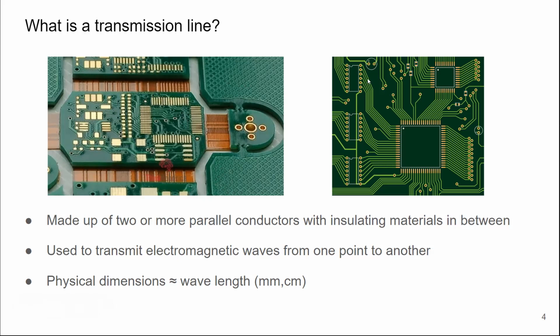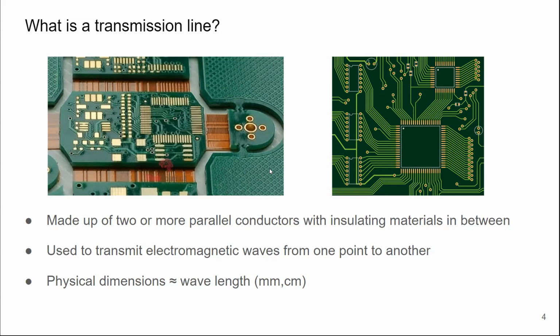So in PCB circuits, we see lines like this. These are the top conductors. And when we look at the ground plane, there is a ground plane all over the total area of the PCB circuit. We can consider that the physical dimensions of these kinds of circuits are almost similar to the wavelength of the wave that is propagated.